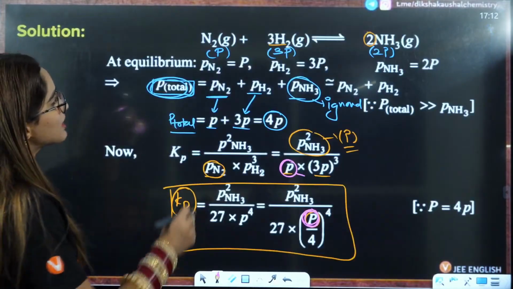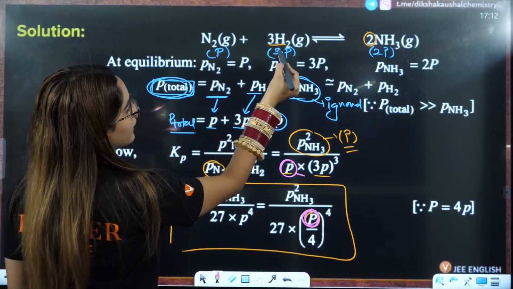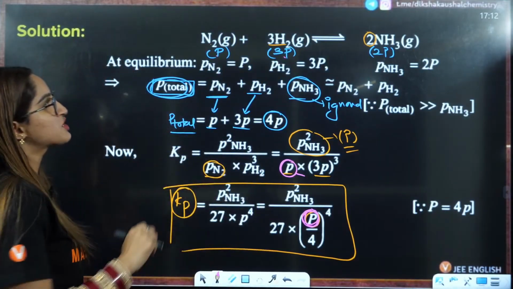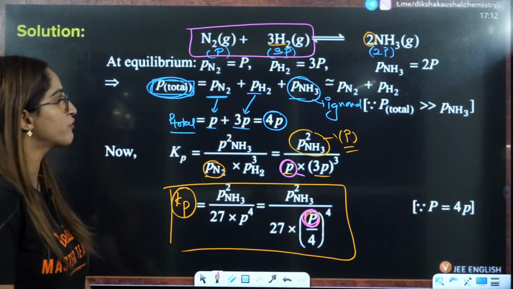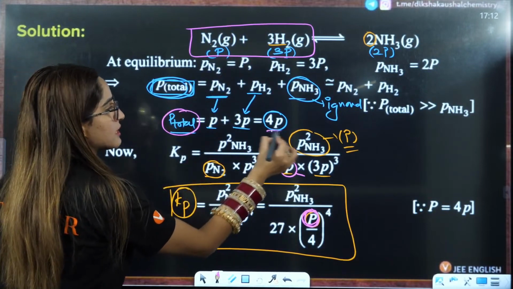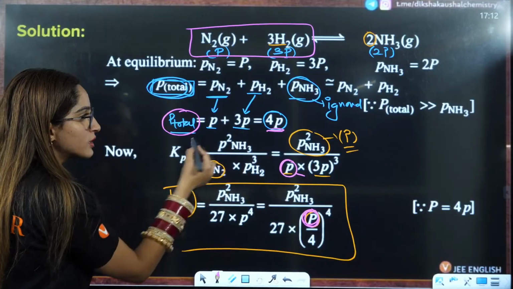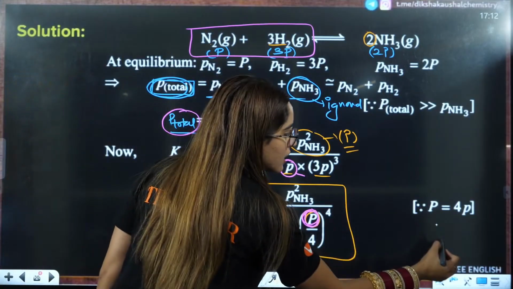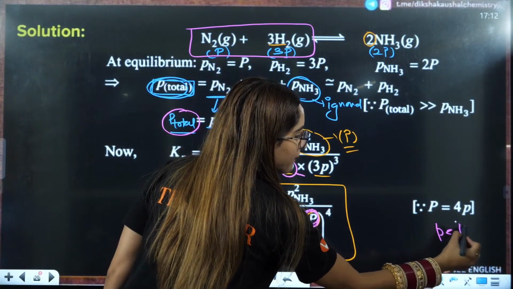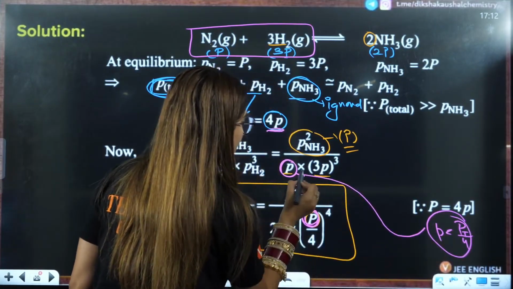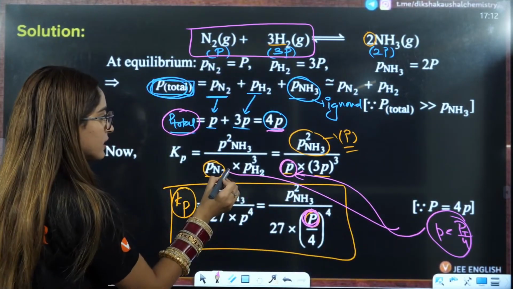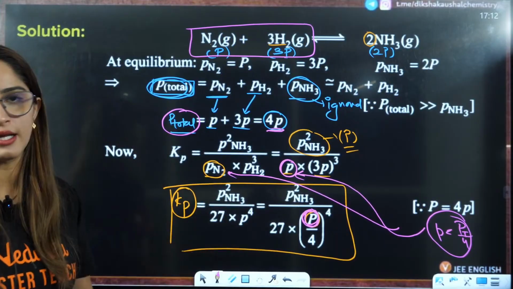So the total pressure will be P plus 3P, that means the total pressure is going to be 4P that we have written here, right? So you have to solve this in terms of total pressure. That is why P is equal to capital P, or you can say PT by 4, and you will put this value here and here, right? And that's how you will get your answer.